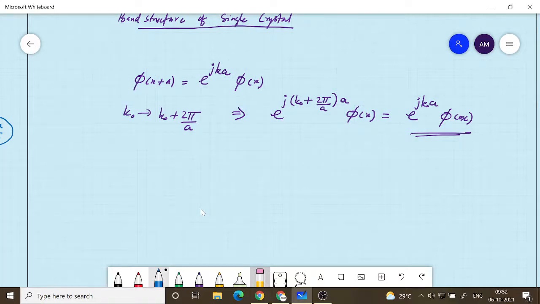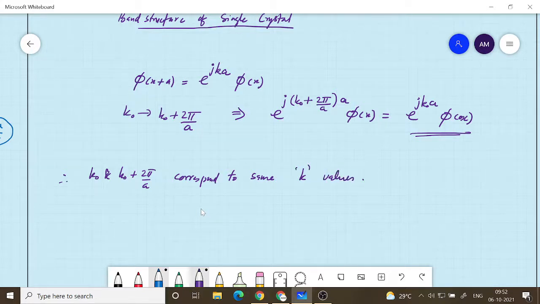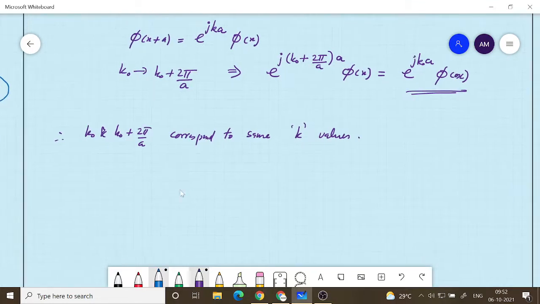Therefore we can say k naught and k naught plus 2 pi by a correspond to the same k value. They are not different k values. The values which k can take are actually only in a range from 0 to 2 pi by a, where a is the period of the lattice. That is another way of saying it.